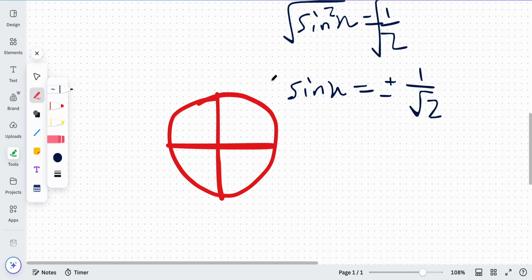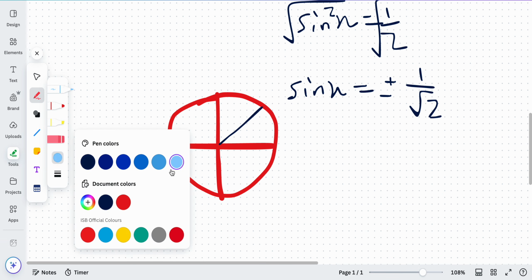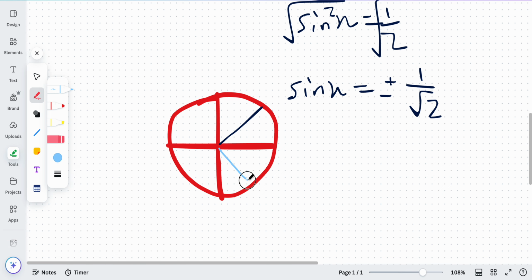It has to be somewhere here, so we're looking for this value. With the negative, we'd get it in this area, which we're not looking for.